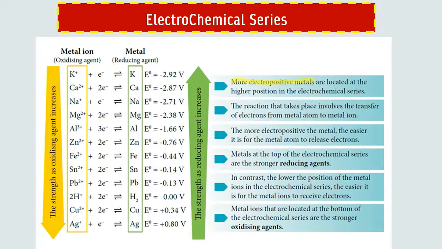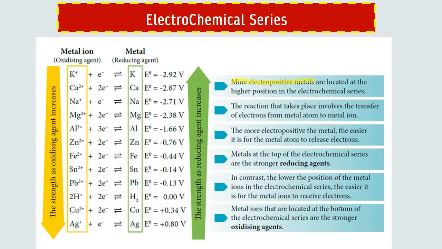If we look at this series, potassium, calcium, and sodium, and also magnesium are the more electropositive metals. The reaction that takes place involves the transfer of electrons from metal atom to the metal ions.